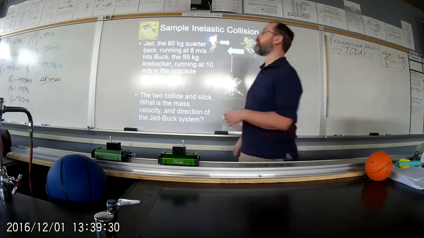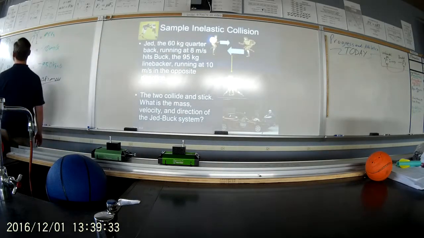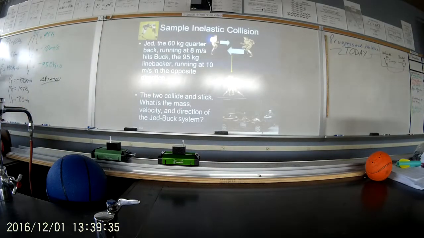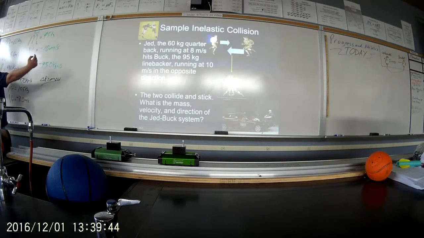All right. So we have two objects. One object moving from the left, going right, has a mass of 60 and a velocity of 8 for a momentum of positive 480. The other object going from the right to the left in the opposite direction has a mass of 95, a velocity of negative 10 for a momentum of negative 950.